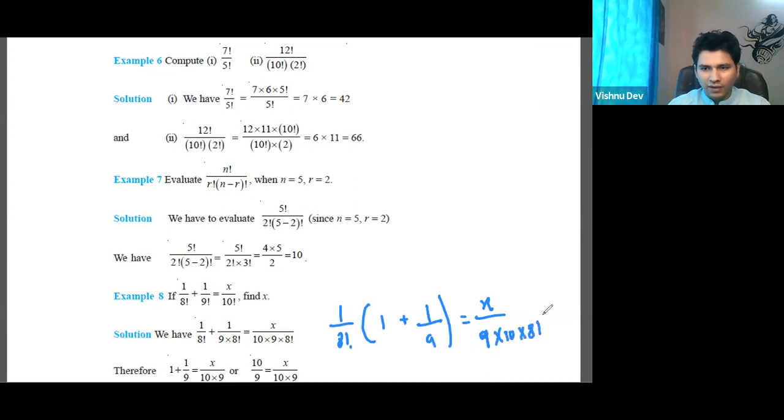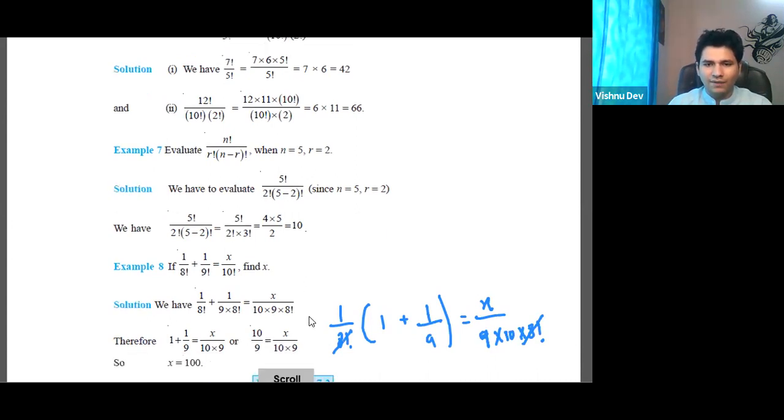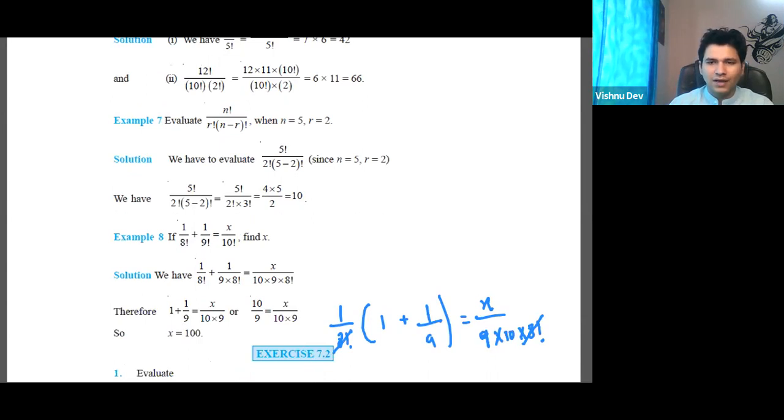The 8 factorial cancels. Yes or no? Correct, Shravya. So after cancelling, I will be left with 10 by 9, because 1 plus 1 by 9 is 10 by 9, equal to x by 10 into 9. The 9 cancels here also and x equals 10 into 10, which is 100.